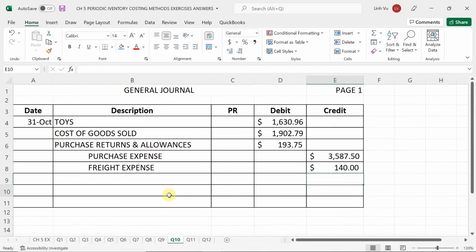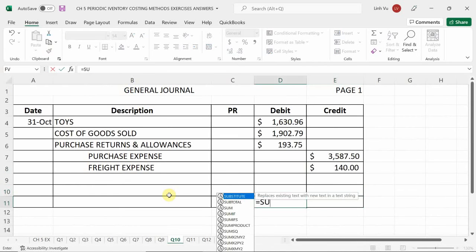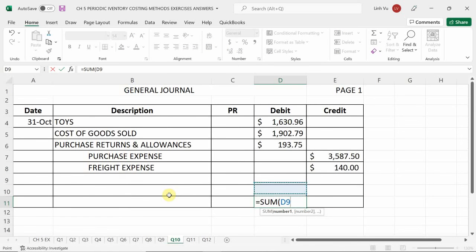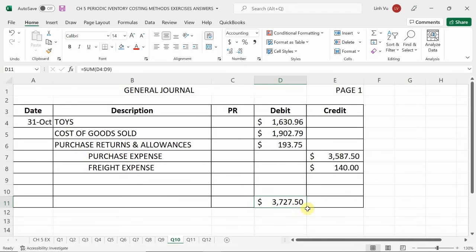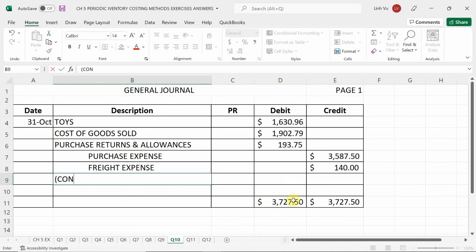Okay. Right. And of course, making sure that we didn't misclick or anything like that. We got 37,27.50 on the left with a 37,27.50 on the right. Okay. So usually that should be your total there.